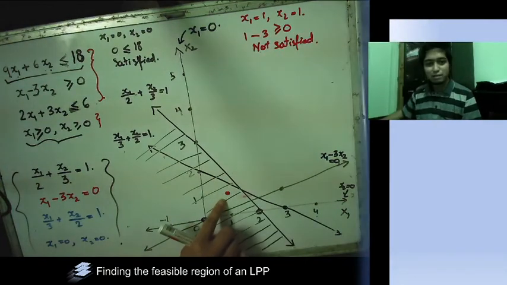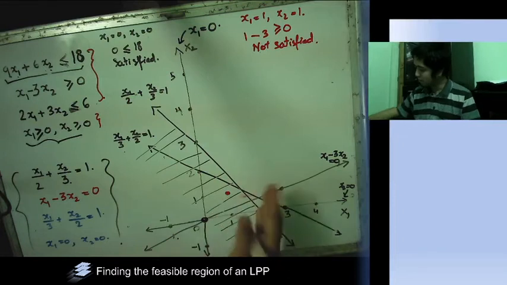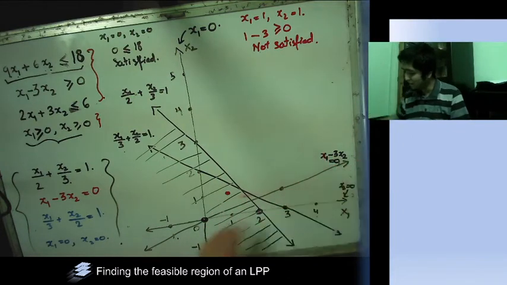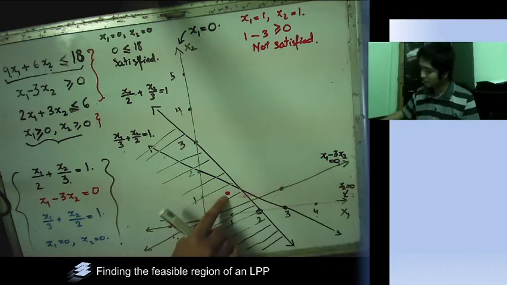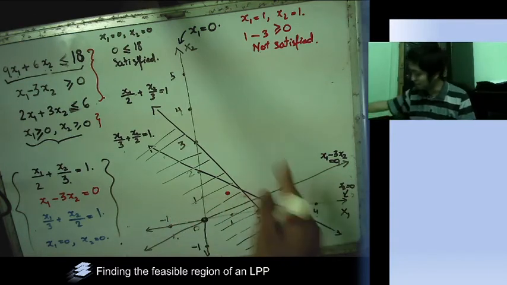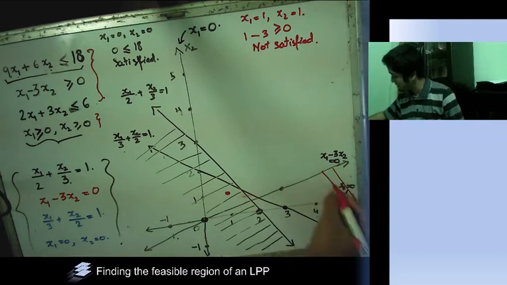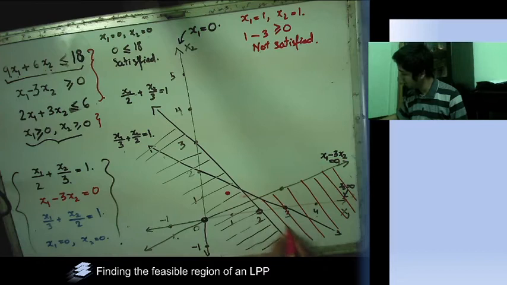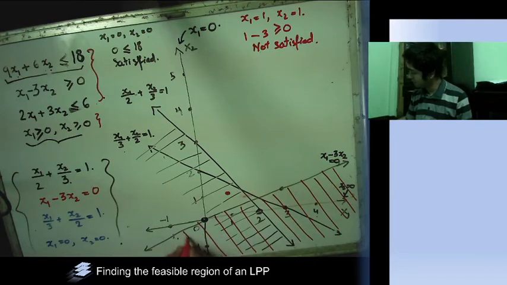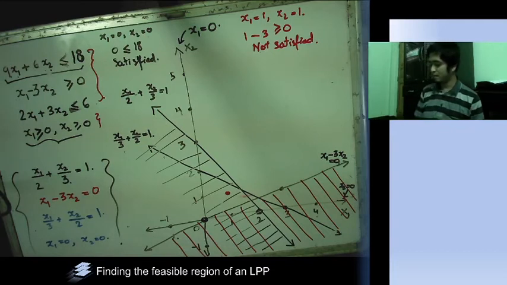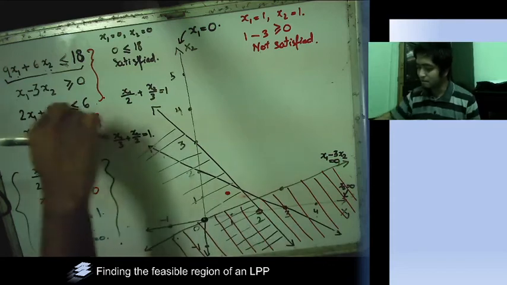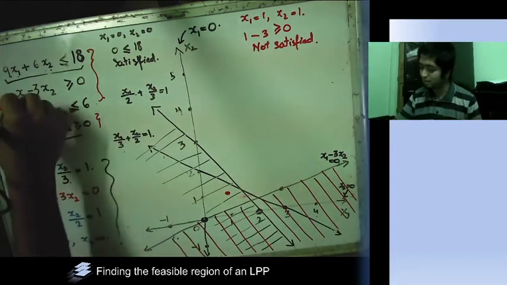So this inequality won't be satisfied, and that is why the region will be the side opposite to it. So for the second line, we have this region. Everything to this side will be the region represented by this inequality.